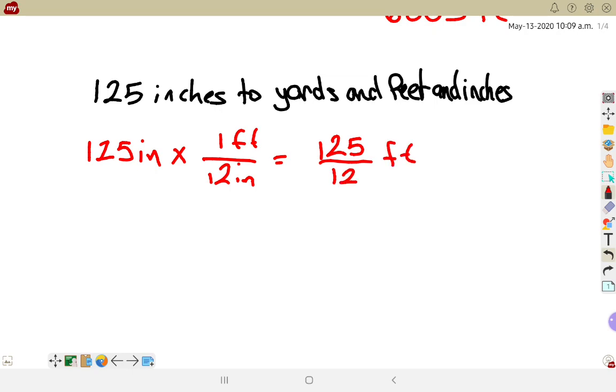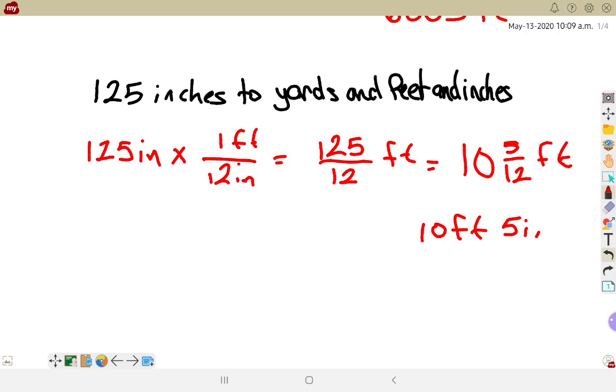Okay? And I know that 12 can go into 125 ten times, and I get 10 and 5/12 of a foot, which really means I have 10 feet and then also 5 inches left over. But I have more than 3 feet, so I can change those 10 feet into yards.